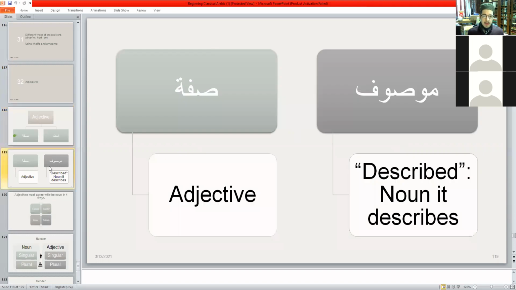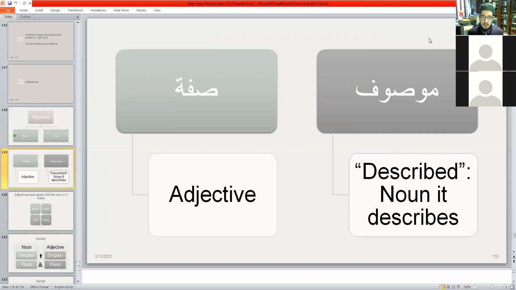So if every adjective is inherently tied to a noun that it describes, then in Arabic, this noun that is described has a name as well. It is called mawsuf, right? Just like we had mudaf and mudaf ilayh, it's a pairing: we have sifa and mawsuf.